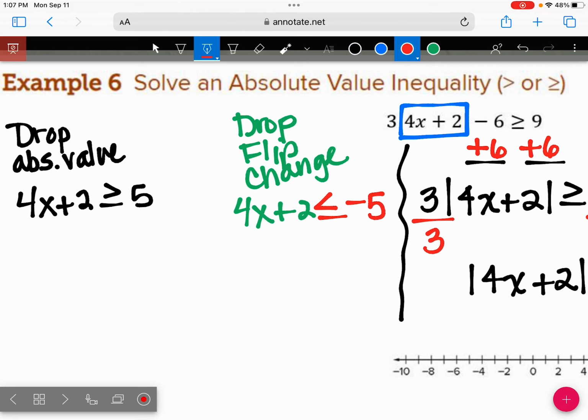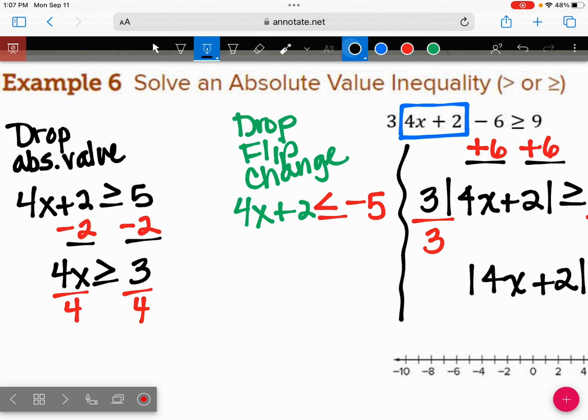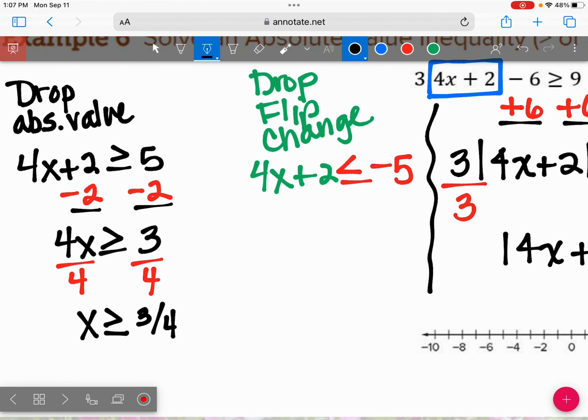In order to solve it, we're subtracting 2 and dividing by 4. X is greater than or equal to 3/4. Or if you don't want to deal with a fraction, you could say 0.75.